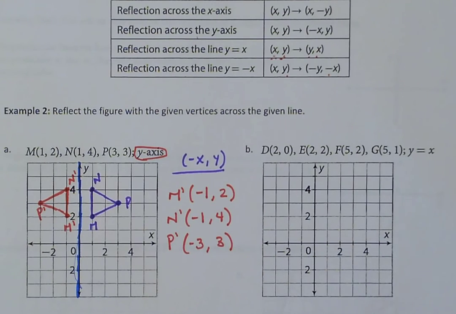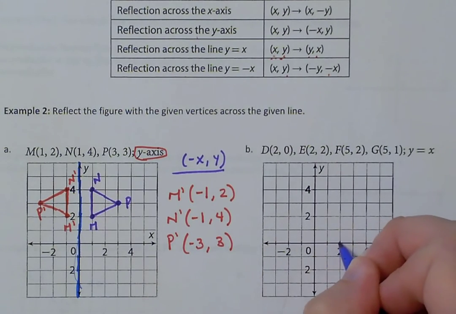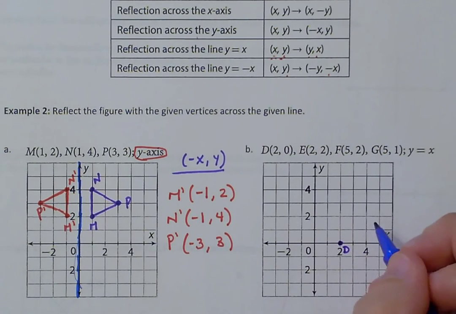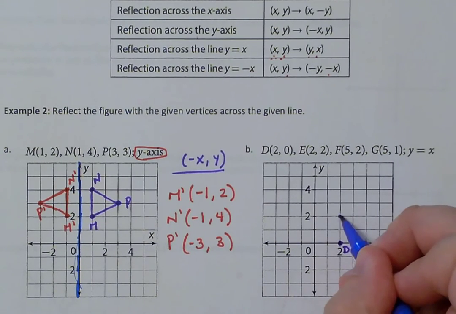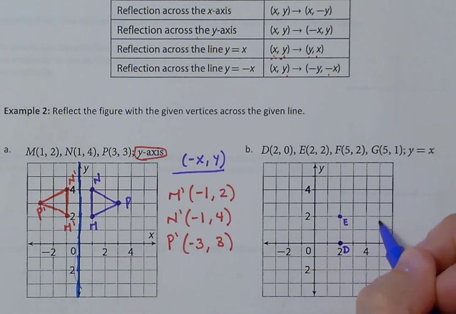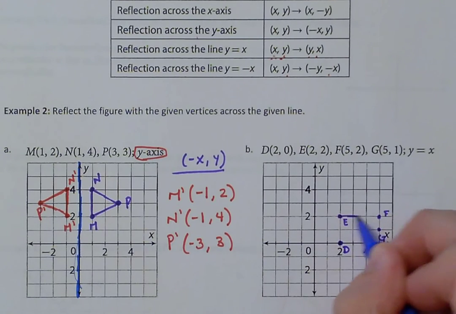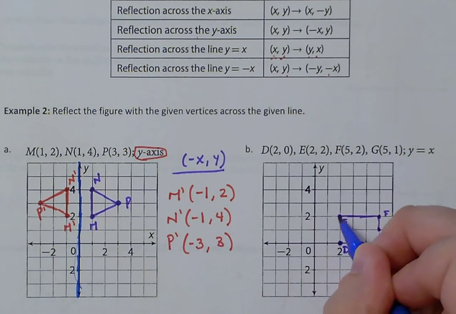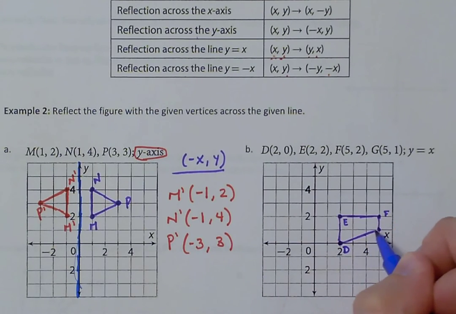So if I go through and plot all these points, 2, 0 is D, and then 2, 2 is E, F is going to be at 5, 2, and G is going to be at 5, 1. If I go through and draw, we're going to end up with a trapezoid as my shape.